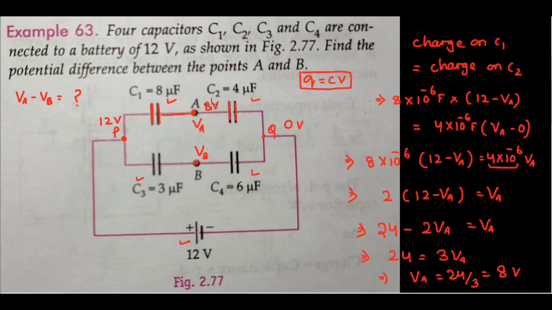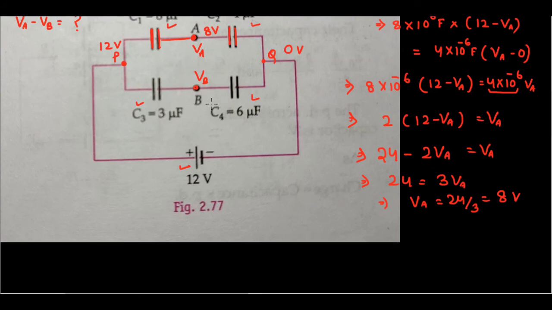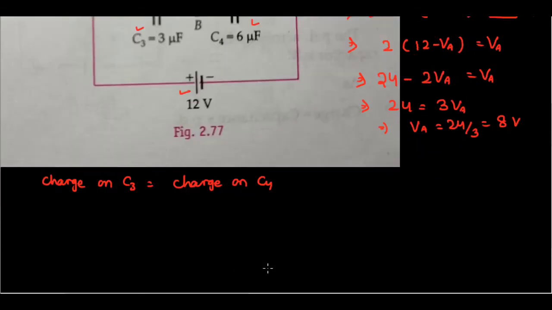Now in the same way we are going to find the potential of the point B, and for that we have to consider the capacitors C3 and C4. We know that the charge on C3 is equal to the charge on C4. So again I'll write that the charge on C3 is equal to the charge on C4.